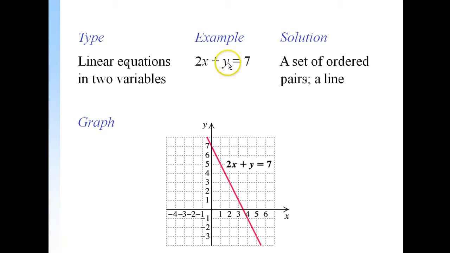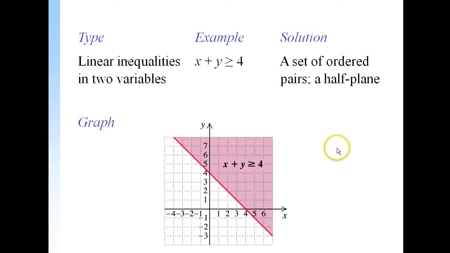Then we had a linear equation in 2 variables, which was the graph. Now 2x plus y in standard form equals 7 is represented by that pink line. That line is an infinite number of solutions for that particular equation. If we made it into an inequality, we have the points along the line as well as the half-plane solution region.